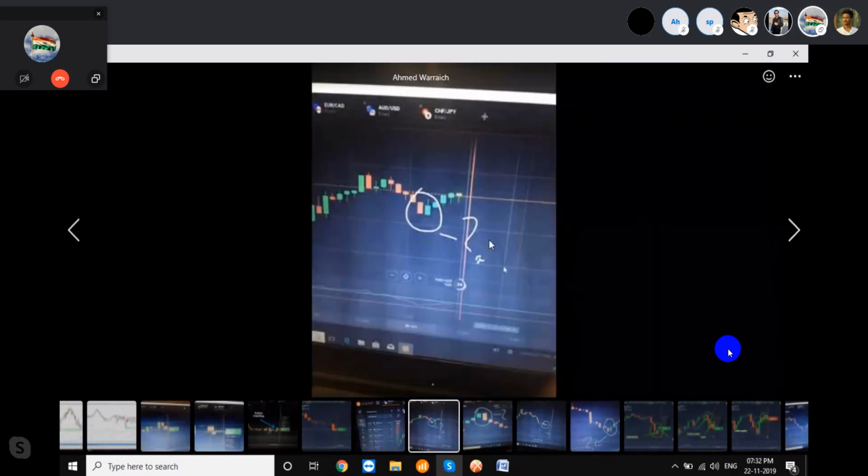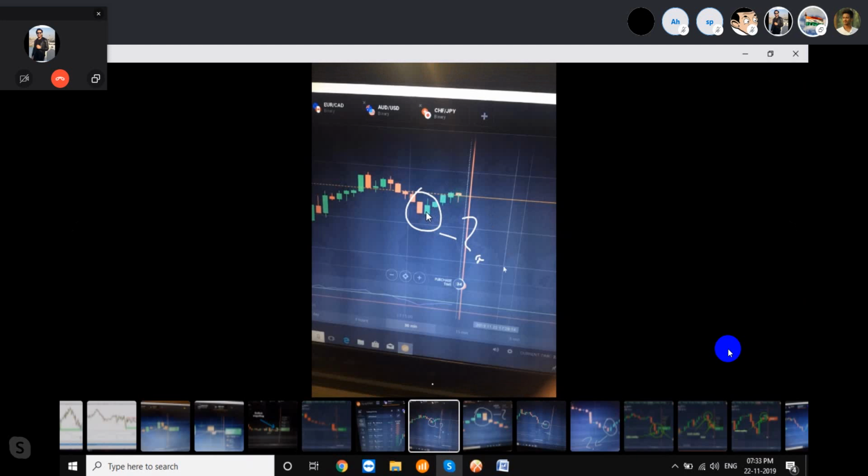So what is it, Ahmed? Sir, I was a little bit confused. Is it a bearish engulfing? Sorry, bullish engulfing, I think. It is a bearish engulfing or bullish engulfing? It's a bullish engulfing, sir, because it hit the resistance. You are still confused. You don't even know what kind of candlestick it is, and you just took a trade.